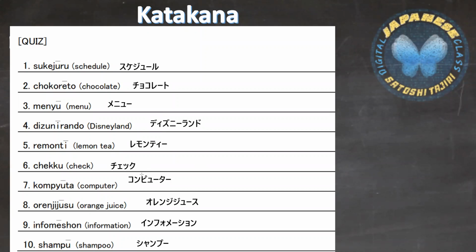This one, we have computer. This is also contracted. We have a big here and we have a small here. Same thing here with our ju, okay? Schedule, sukejuru. We have our ju. This is our big and followed with our small u. So that's how it works. Same thing here for our fo, okay? So we have our fu here and adding o.